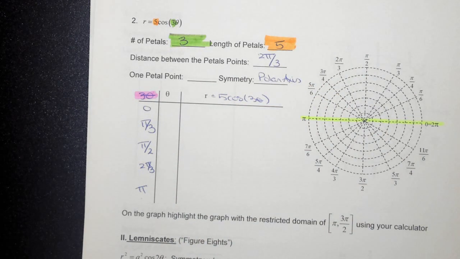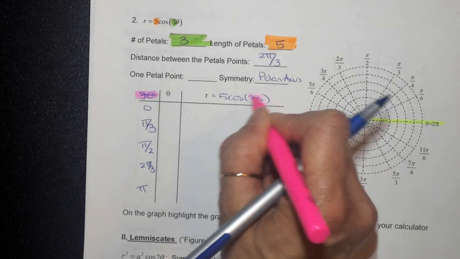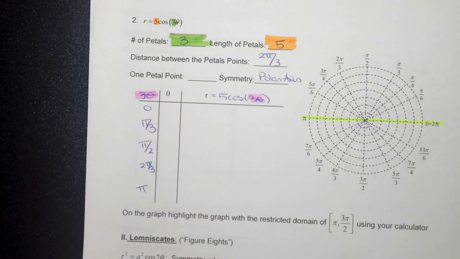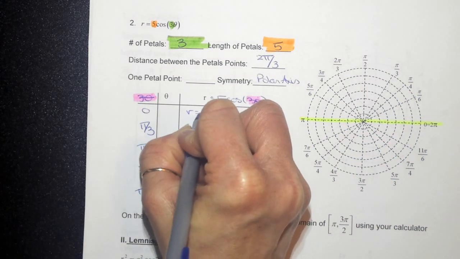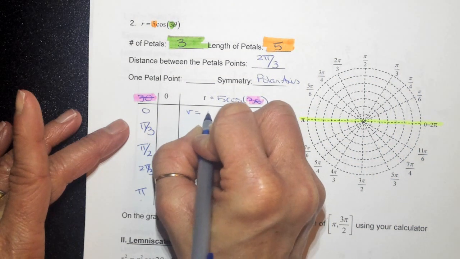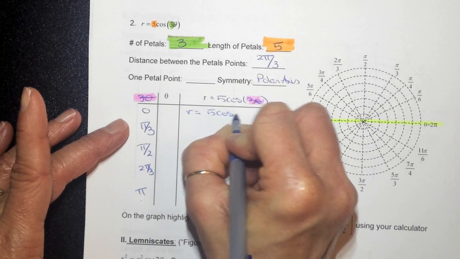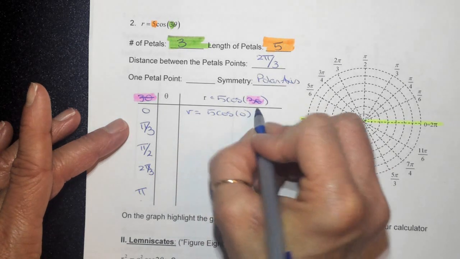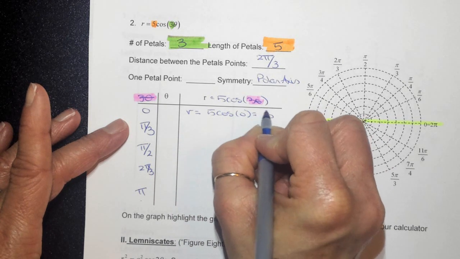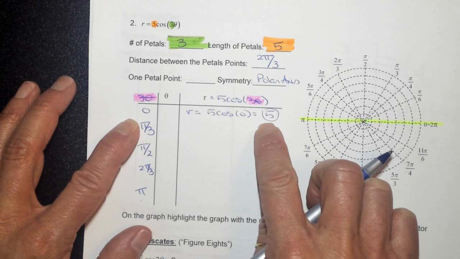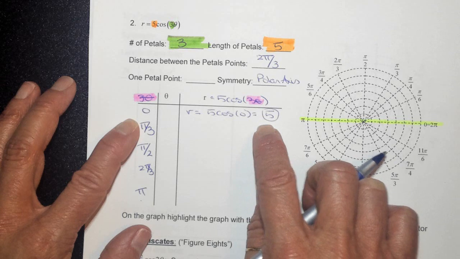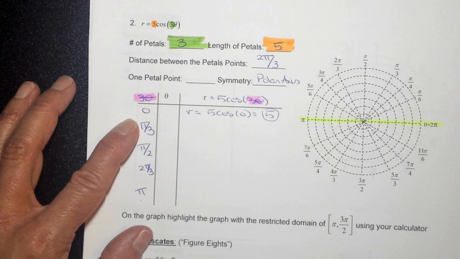Okay, so we're plugging in our 3 theta values, these right here. Okay, so now we have r is equal to, let's see, 5 cosine of 0. So this is going to be 5 times 1, or 5. So actually what's happened is, because this is a length, we have found our petal point. And we'll talk about that once we get our theta values.